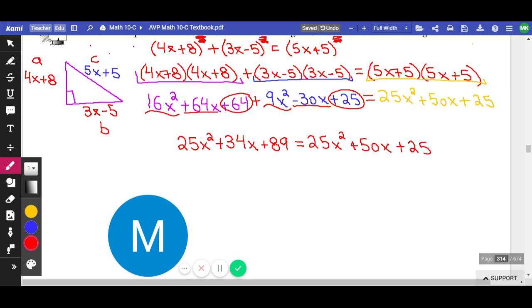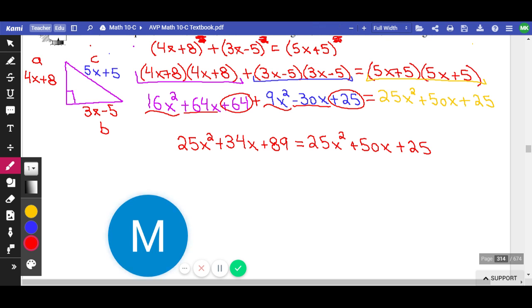That's fantastic. So we took our triangle, we used Pythagorean Theorem, and we distributed, or multiplied, our Pythagorean Theorem to become this massive equation. They want you to solve for x. The only way you know how to solve for x is to put everything on one side of the equation. So we move all the x's to one side, and then we put all the constants to the other side. That's kind of a review from last year, so it's not expected that you have that nailed down yet.